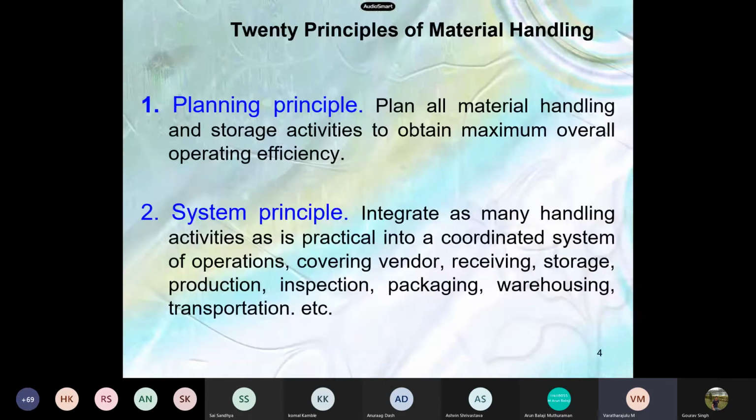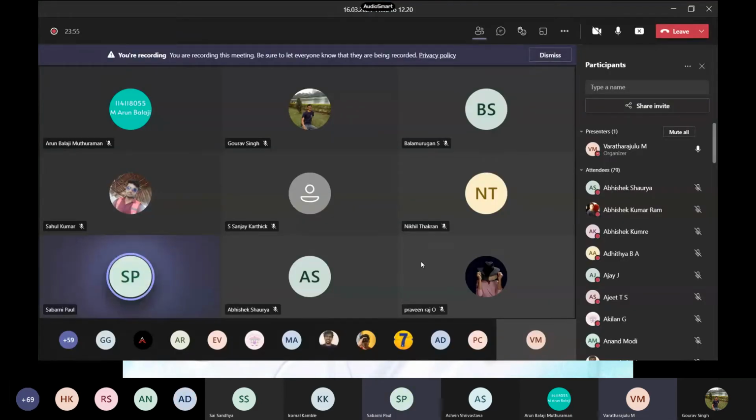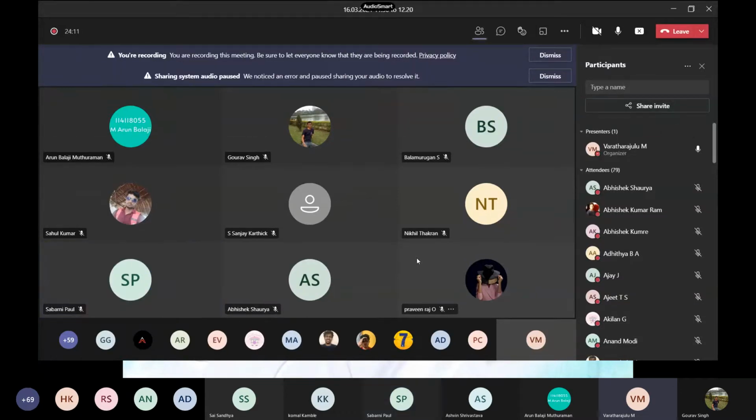Sir, Nishant wrote an article on IPL. Very good, Nishant. In which was it published, Sabarni? Medium, the blog. Yes, sir. Okay, very good. You can use various blogs.